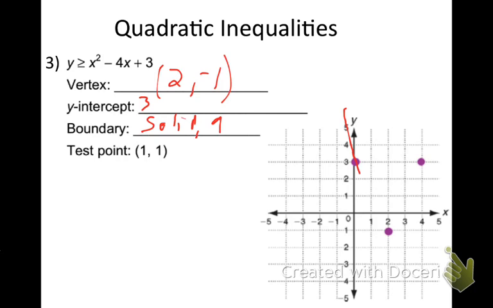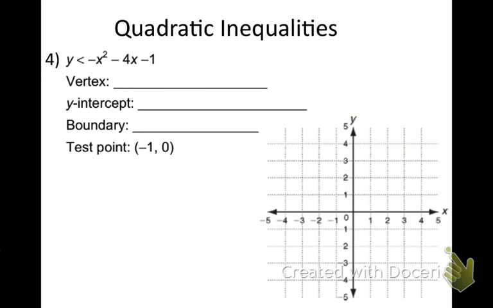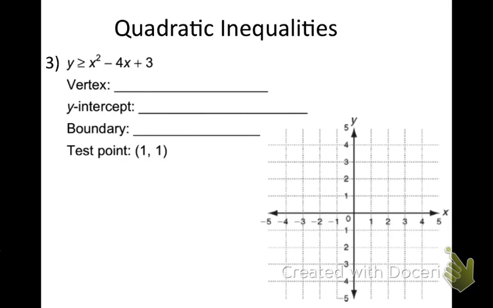So I'm going to have a solid parabola. And now above is technically what would be on the inside of this coordinate. There we go. Nice work. Where'd you get the 3? The y-intercept. That's always my constant here. So my 3, my y-intercept, is my constant always.